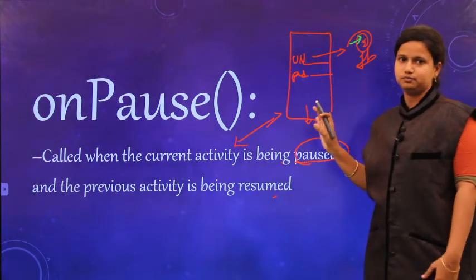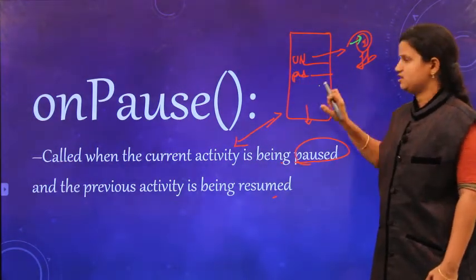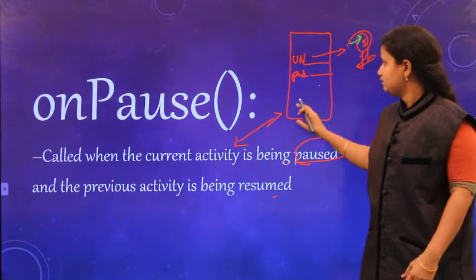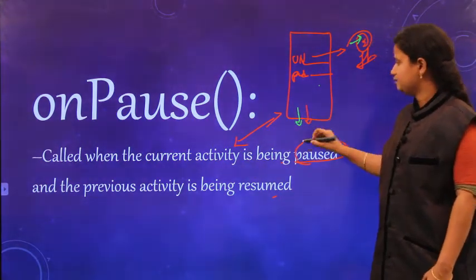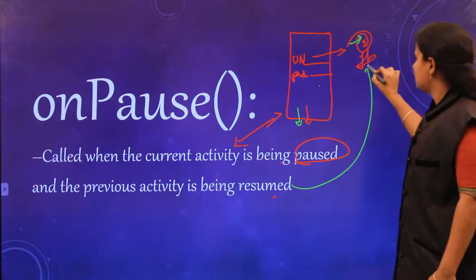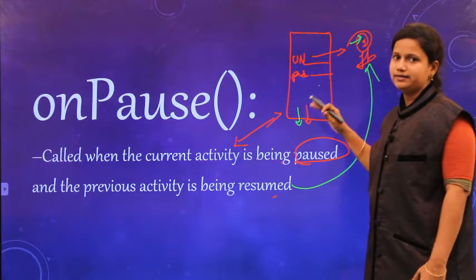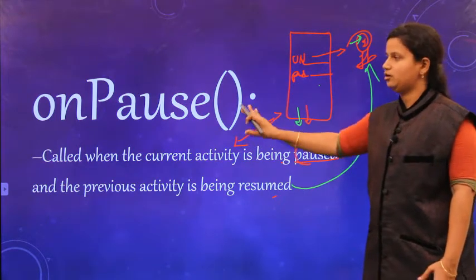So your current activity is not being used at this time; you move on to the previous activity. At that situation, the onPause method is called.